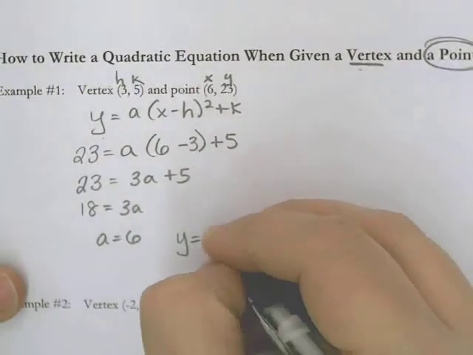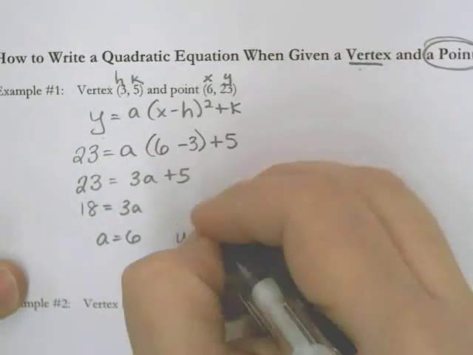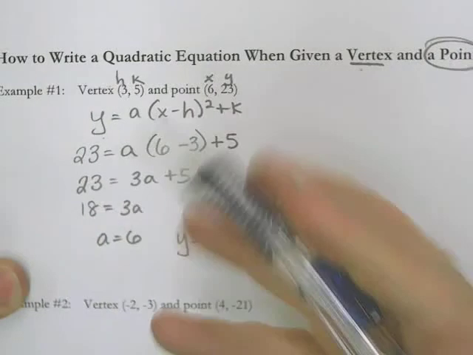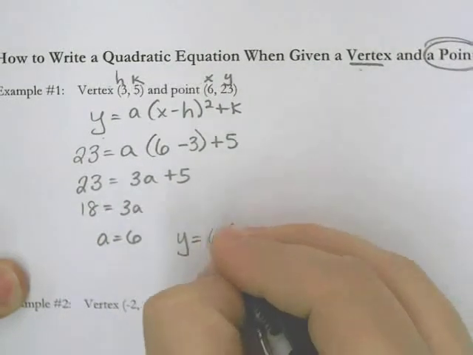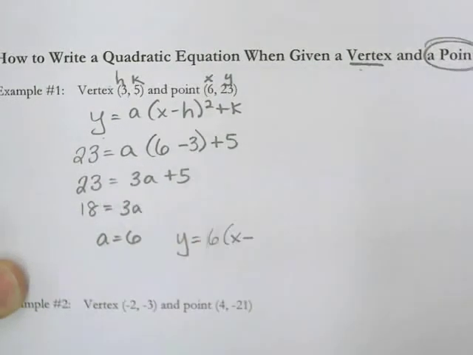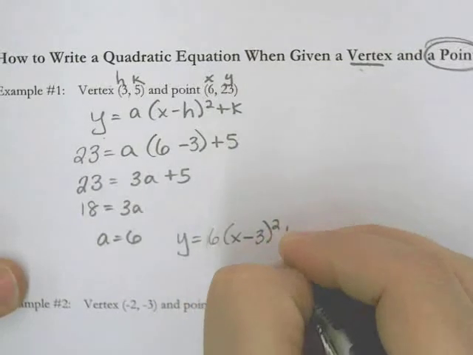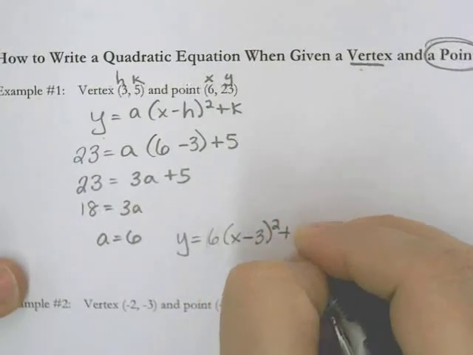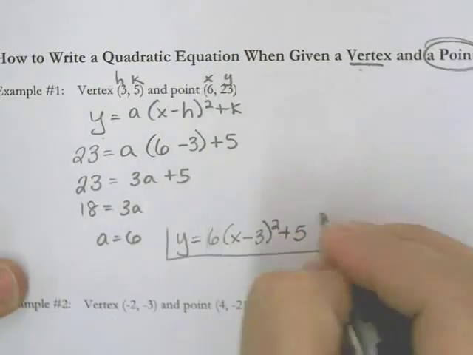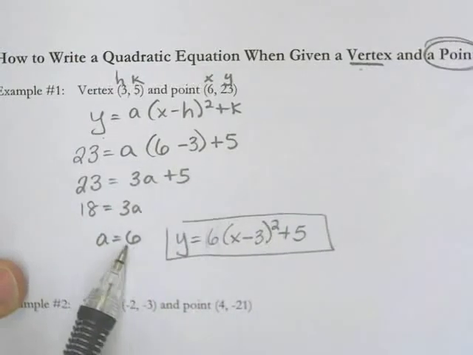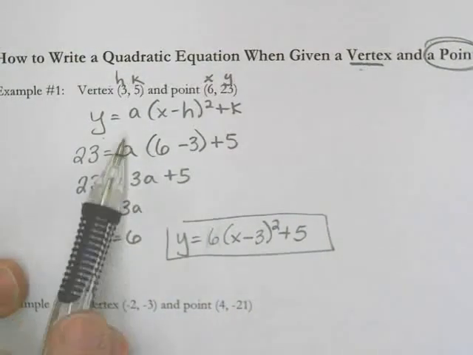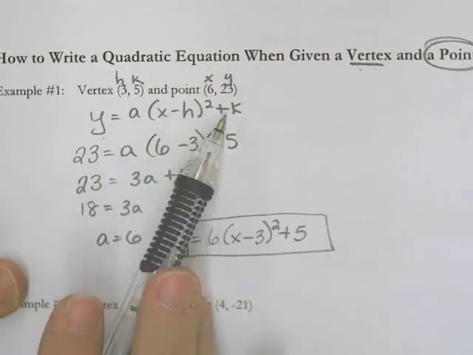My a value that I just found, instead of a, I should be writing 6. x minus my h, which is 3, squared plus my k, which is 5. And so once I found my 6, I plugged it in for a, and then plugged in h and k.